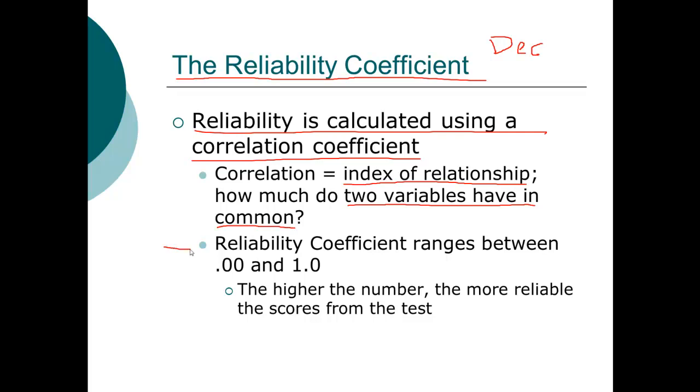Now, your reliability coefficient will be a decimal between 0 and 1. And the higher the number, the more reliable your scores are from that test. That's all you need to know. If it's in the 0.9s, maybe the high 0.8s, you've got a pretty reliable test. If it's below that, in the 0.7s, 0.6s, 0.5s, not so reliable. That's all you need to know.